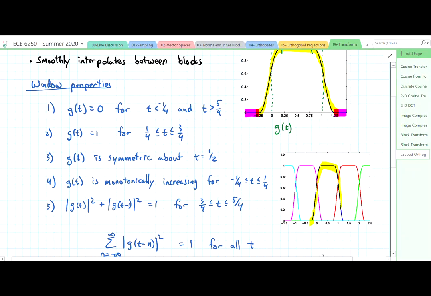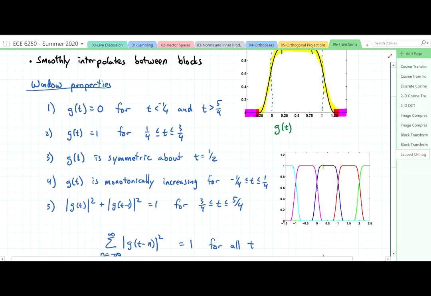And we have a shifted version by 1 in red, and they overlap, of course, between 3/4 and 1.25. If we square both of those windows and add them up, over that overlapping region, they'll add to 1.